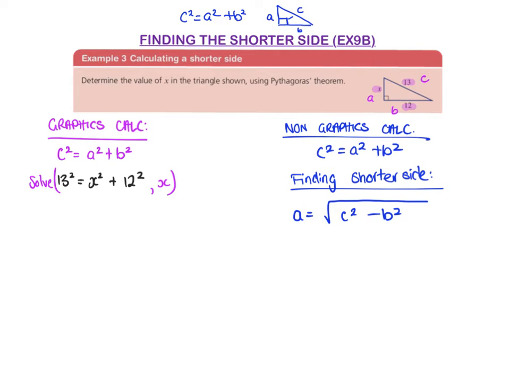Into your calculators, this bit is what you're going to type. You'll put the square root symbol on your normal scientific calculator, and then underneath you'll put c squared minus b squared. So in this example, I'd be typing into the calculator the square root of 13 squared minus 12 squared, and that will give us an answer. We'll do it on the calculator and I'll show you.